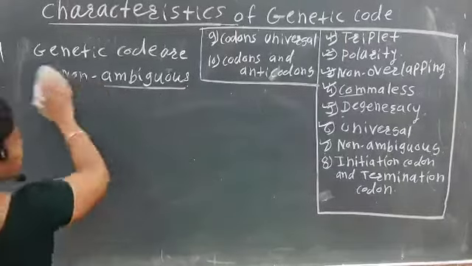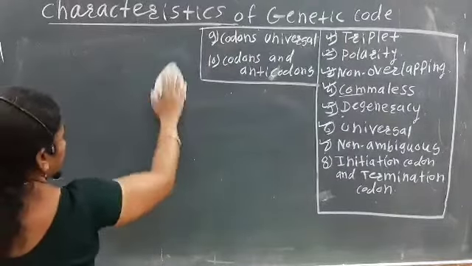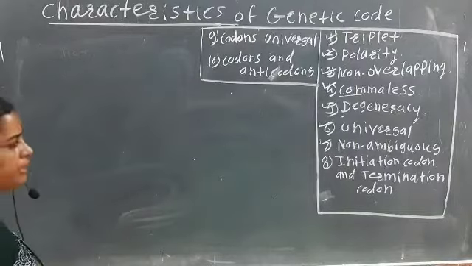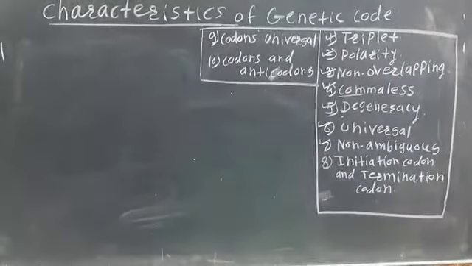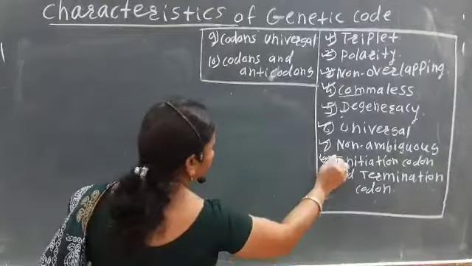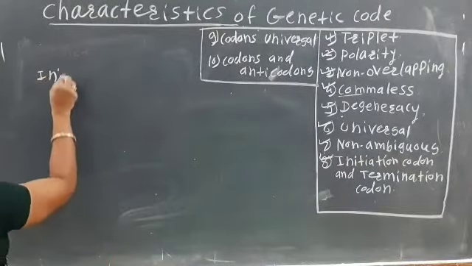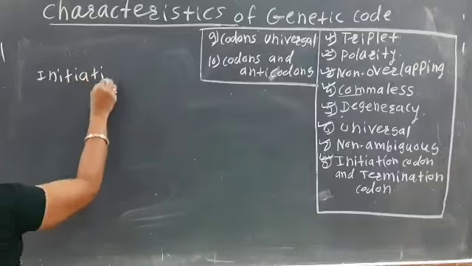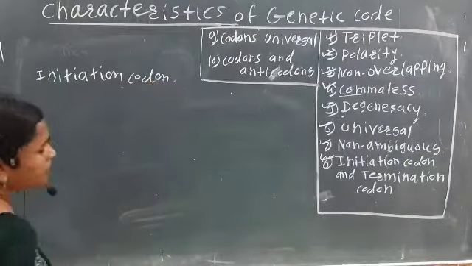Then next characteristic, that is here the genetic code, they are mainly having the initiation codon and the termination codon. That is the genetic code 8th point. That is the genetic code having the initiation codon and termination codon.